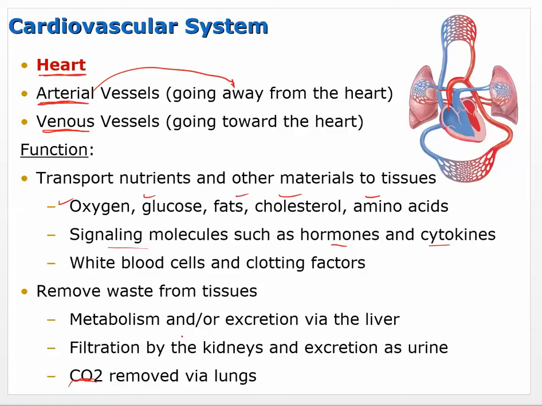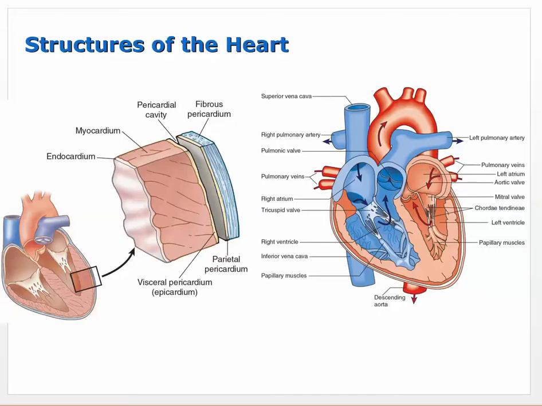So, metabolic waste, and a lot of these things are broken down and then excreted by the liver. Some of them are filtered by the kidneys and then excreted as urine. So we have the renal system, which is filtering the blood, that we'll get to talk about at a later time.